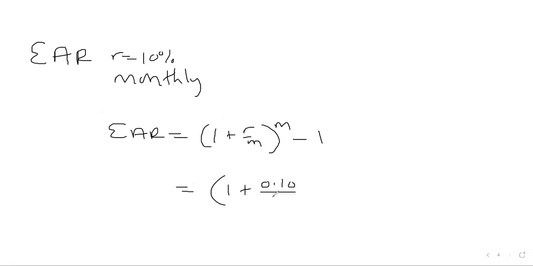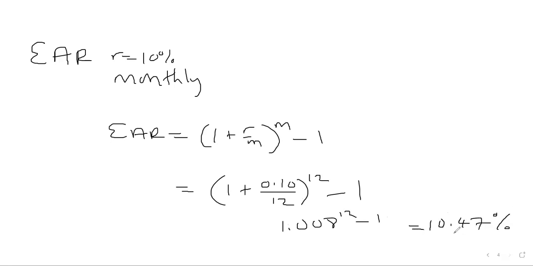Then here we're going to have monthly. We said it is 12 times. So when we compute the figures inside there, we're going to have 1.008 to the power 12 minus 1. So when you compute that, it will actually give you the effective annual rate, which is 10.4%. So this is how you calculate the effective annual rate.